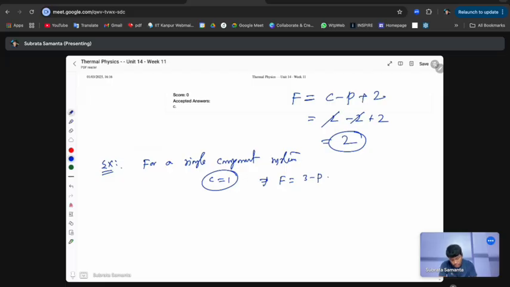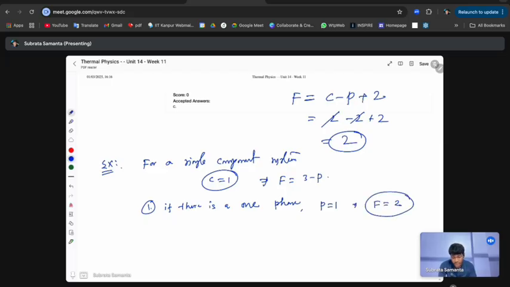So first case, if there is only one phase, then P equals 1, so that means F equals 2, right?